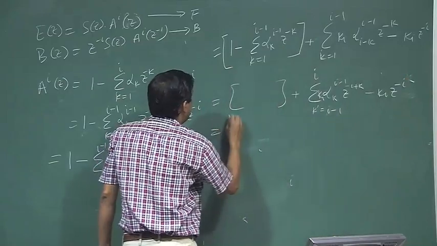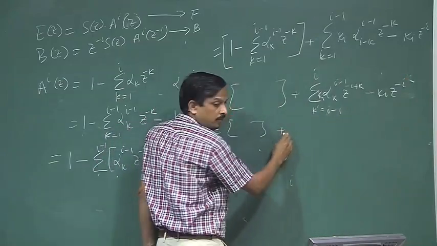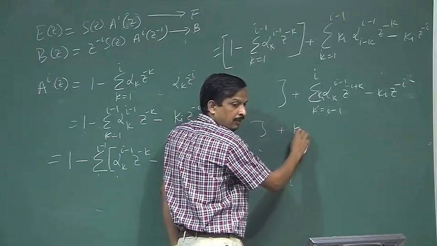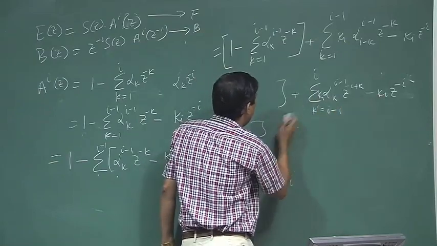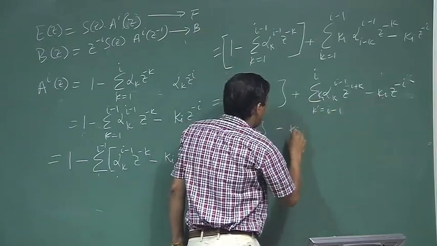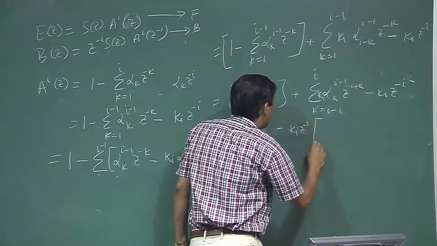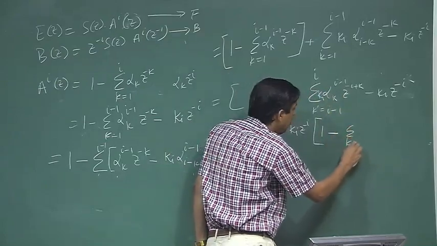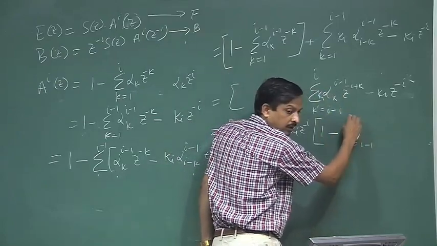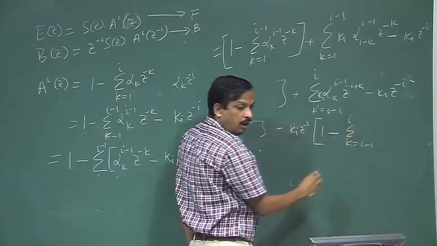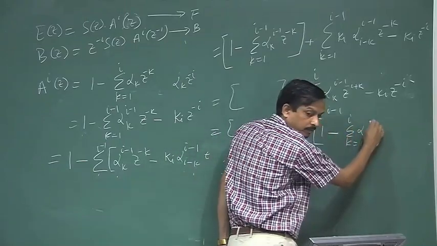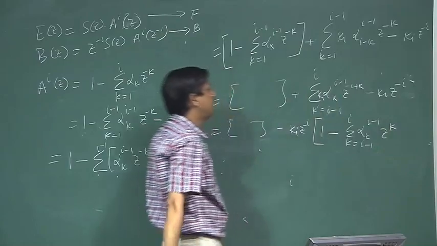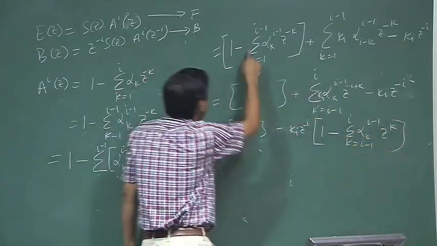So, this term will be the same, then this term will be k i. If I take the minus sign here, then this side becomes k i z to the power minus i. If I take common, then what will happen? 1 minus this term. So, 1 minus the sum over k equal to i minus 1 to i of alpha k i minus 1 z to the power plus k and this term.